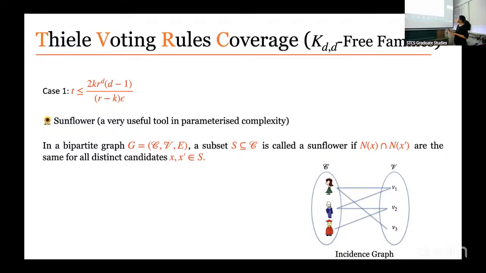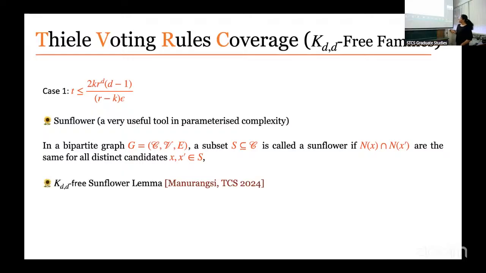But in this particular example, these 3 do not form a sunflower, because for green and blue the intersection has V1, but for blue and red the intersection has V2. So for every pair the intersection is not the same. That is why these 3 do not form a sunflower. The size of the sunflower is the size of this set.